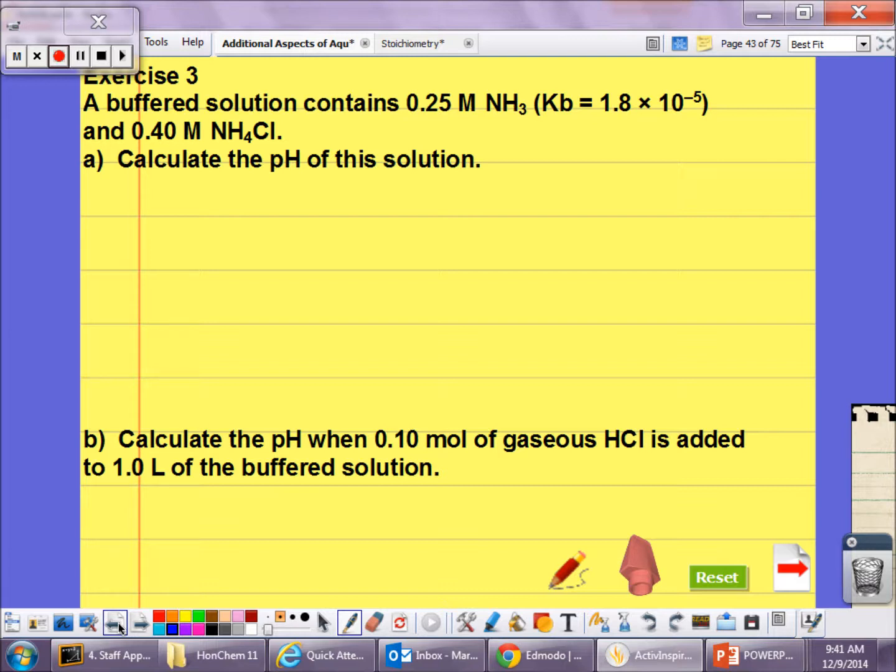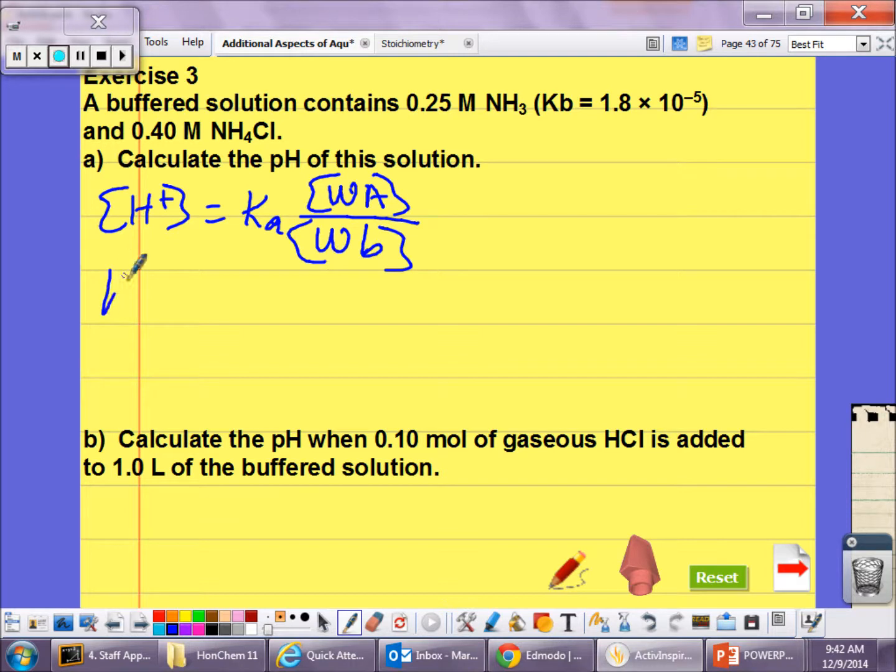Can we just set it up, even if we don't do it completely? Okay, all I have to do is write down my buffer formula. H plus equals my Ka times the weak acid over the weak base.